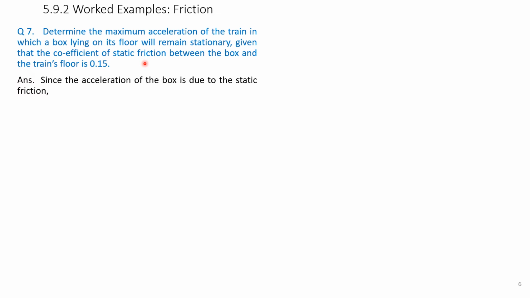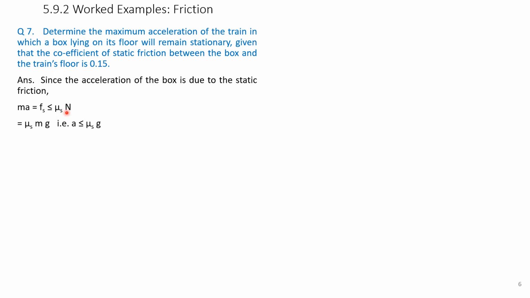Since the acceleration of the box is due to static friction, we will use the formula ma = Fs ≤ mu s into N, where m is the mass, a is the acceleration, Fs is the static frictional force, mu s is the coefficient of static friction, and N is the normal.